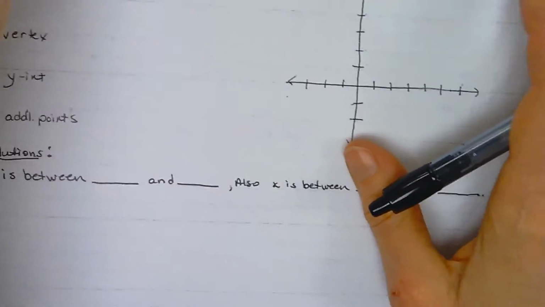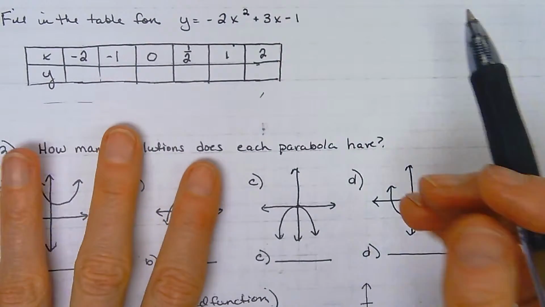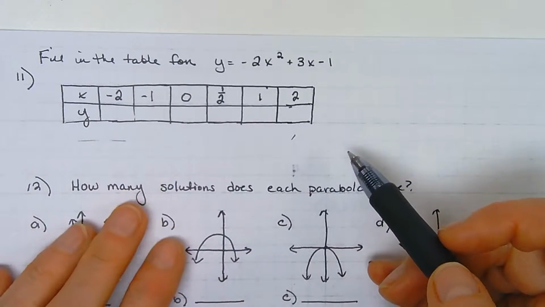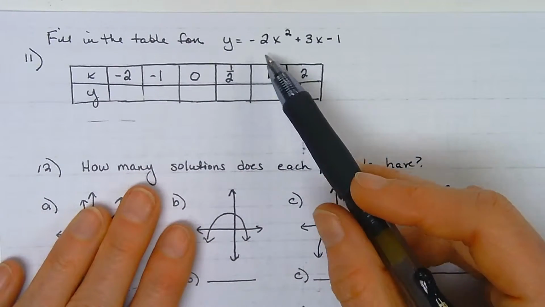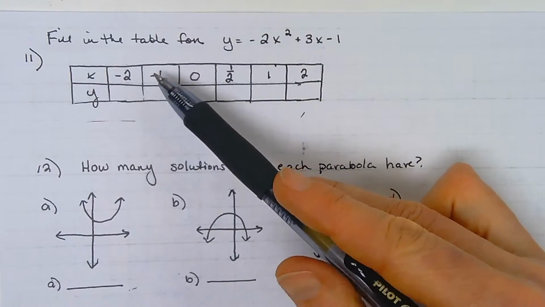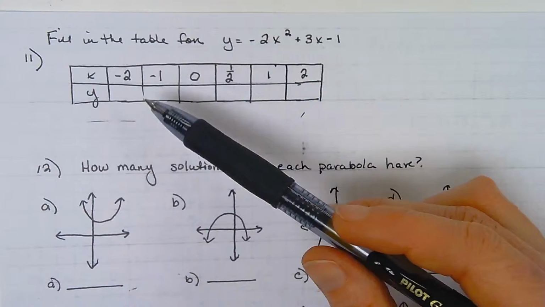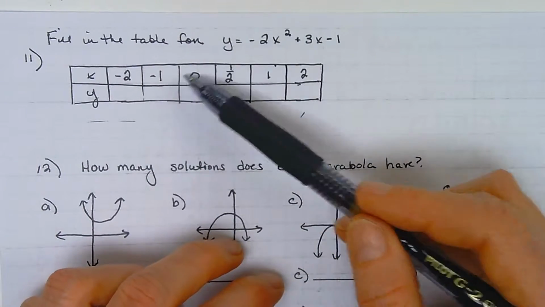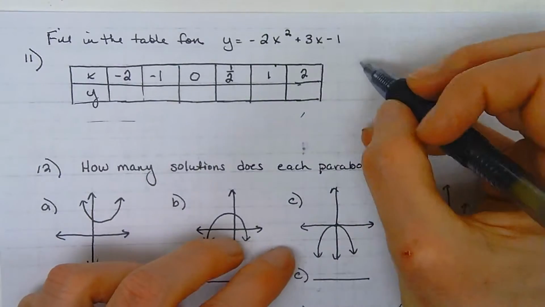Now, on the other side, we're asked to fill in this table. We have a table with a parabola here, or quadratic equation, and some values that we're supposed to plug in for the x. Here we're asked to put in negative 2 for the x, then negative 1, then 0. So let's do one of these at a time.